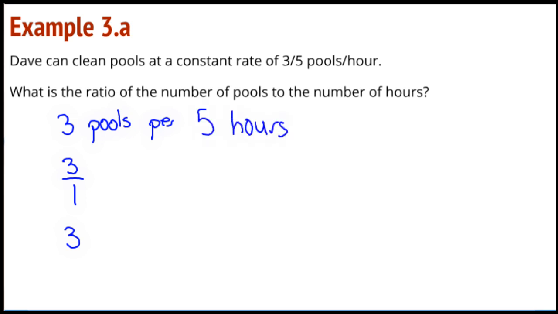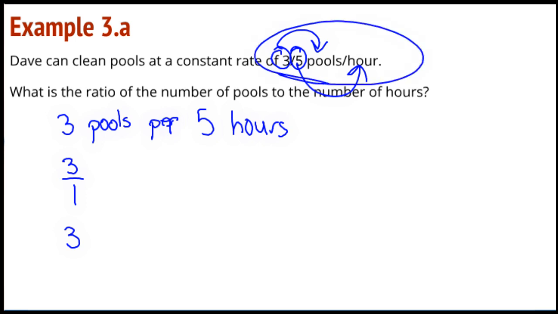So what I've done here is I've taken the 3 and put it with the pools. I've taken the 5 and put it with the hours. So I have taken this rate here and I have unpacked it to find the information. So then I have this value, this unit rate of 3/5, and I have a ratio of 3 to 5.